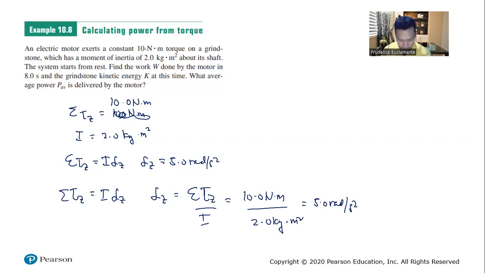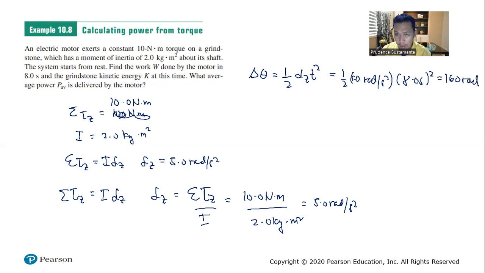Next, let's first find the change in theta, which from constant angular acceleration is 1/2 alpha z t squared. So we have 1/2 times 5.0 radians per second squared times 8.0 seconds squared, which is equal to 160 radians.